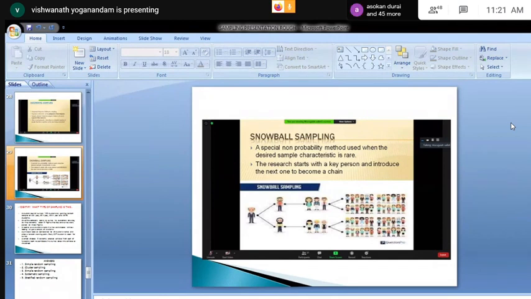If he refers someone else, then you will go to the other person and interview him. It is something like multi-level marketing, where one person leads to another person. That is called snowball sampling. It is a special non-probability method used when the desired sample characteristic is rare. The research starts with a key person and the key person produces the next one to become a chain. Remember, snowball sampling is something like chain marketing. One person leads to the other person.